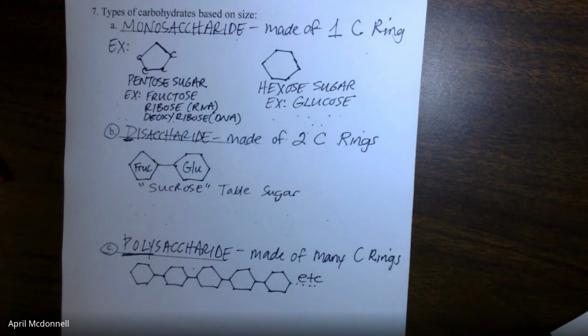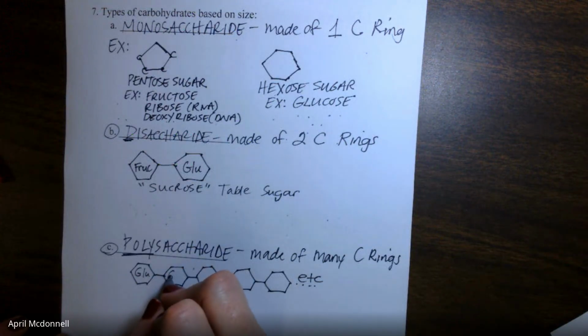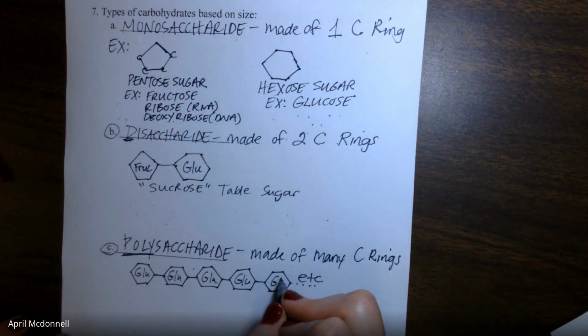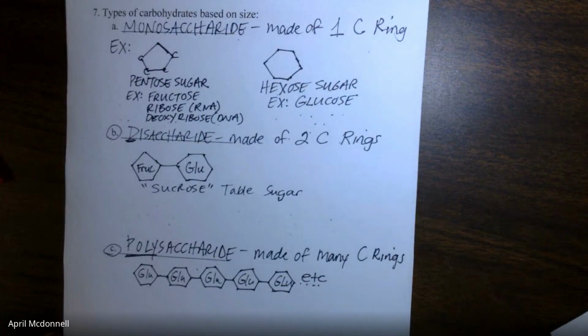We'll say there's hundreds or thousands of these glucose units connected together to make a very large polysaccharide. So an example of a polysaccharide is starch.